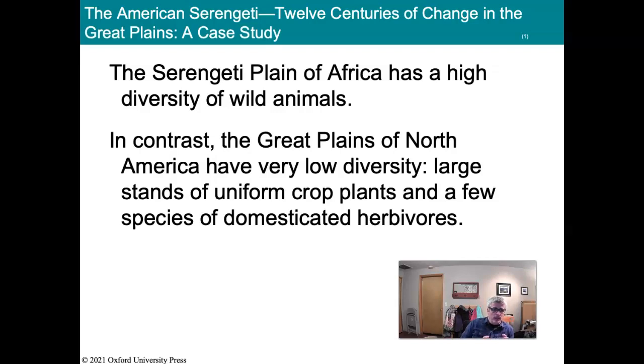One is the Pleistocene-Holocene boundary extinction, and two is a massive change from an open, more natural, wild landscape to one that is primarily occupied by single crops, with very low diversity, large tracts of land that grow soybeans or corn, where we've really moved to a much, much lower diversity.